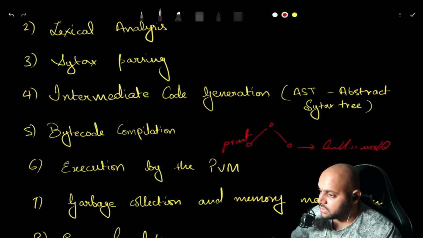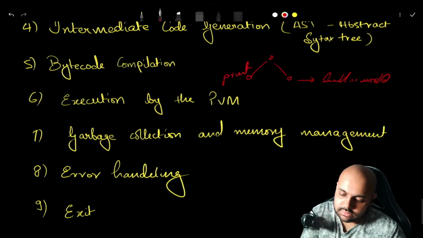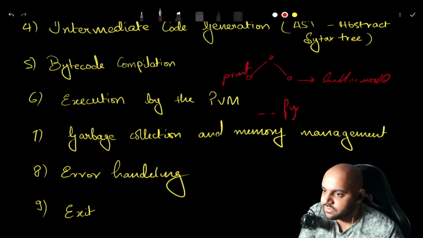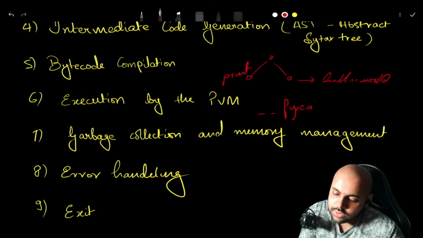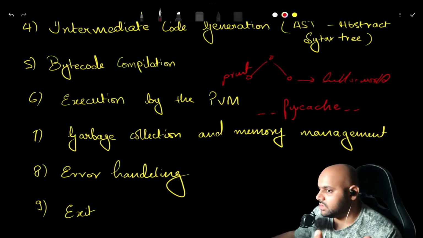This is that file where the bytecode is stored, and it will always be stored in the folder like this, underscore underscore pycache underscore underscore. I know it sounds very weird, but throughout your journey in Python, you will always find this, starting with double underscores and ending with double underscores.